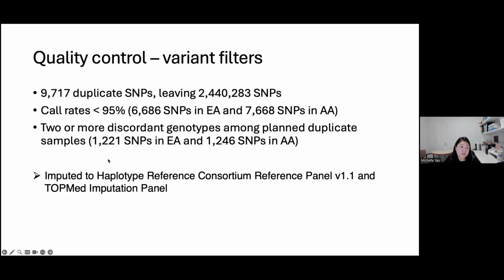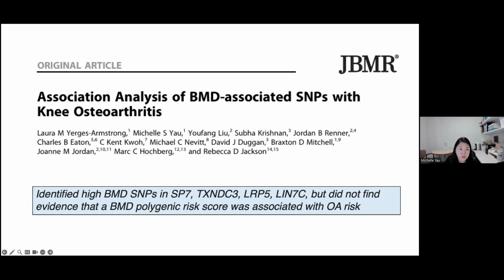And then it's up to you whether you want to impute these data or not. We've oftentimes imputed the data to the Haplotype Reference Consortium, and we also have imputed to the TopMed imputation panel. But it depends on you, which panel you want to use, and which reference you want to use.